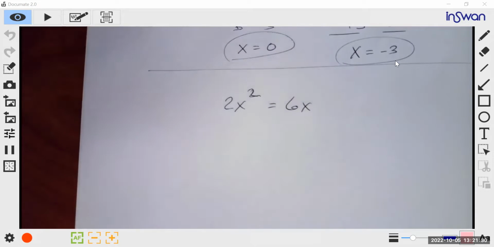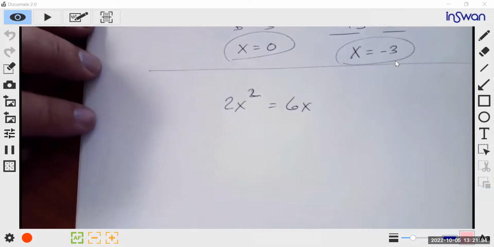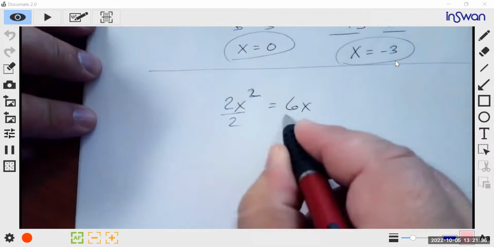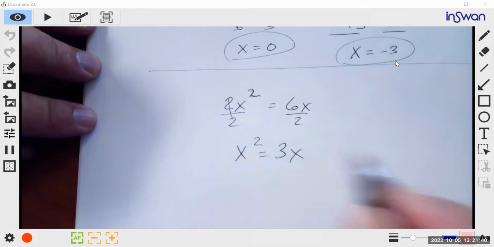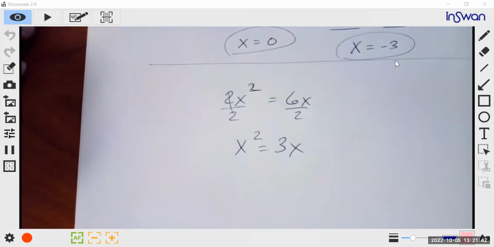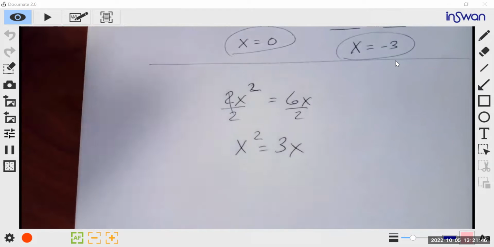Well, we can, but that's not what we have to do first. We could divide by 2 if you want to. We could divide both of them by 2. So we have x squared equals 3x. That's not a problem. Because it's a common factor, we take them out. But still, what's our next step?